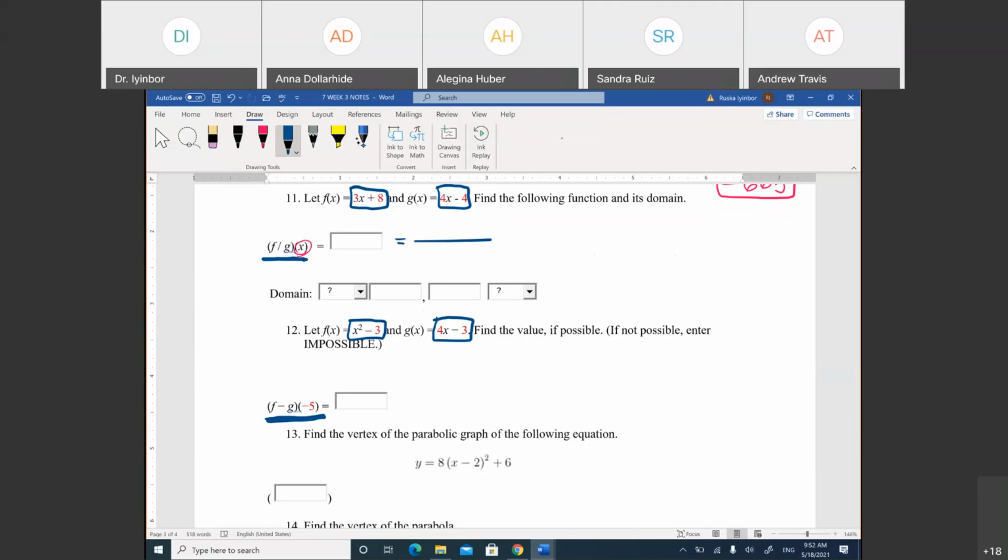What is f? 3x plus 8. You just copy that. And at the bottom is g, which is 4x minus 4. And that's your answer. You copy f over g because you have division, and a fraction means division, right? Okay? That's your answer.